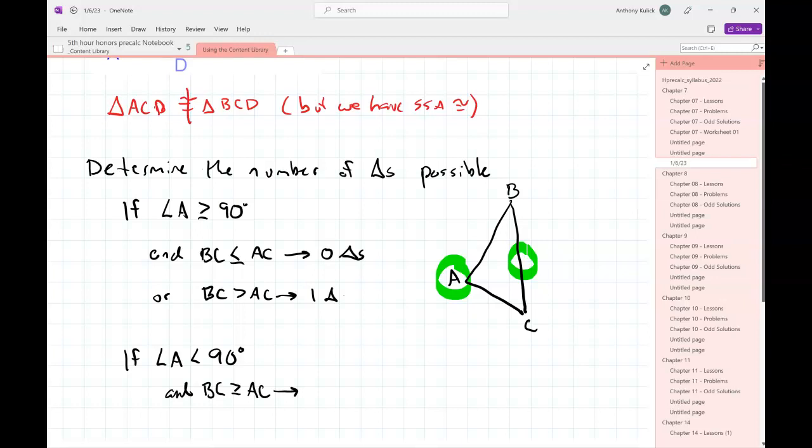If we have an acute angle and the side opposite is at least as big as the other side given, that's fine. Just a one triangle situation.